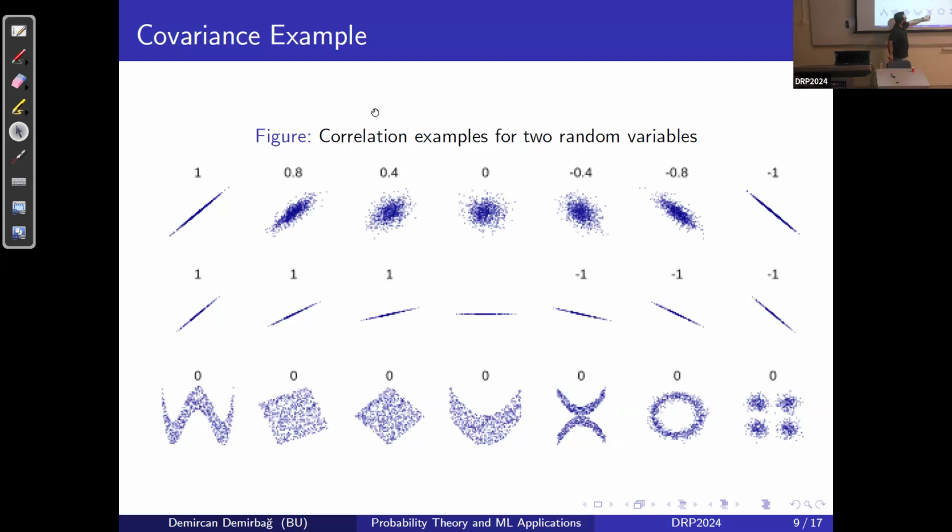For example, when you look at this example, you see that as x increases, y both increases and decreases. You have some kind of relationship between them, but this definition doesn't catch it because as much as it increases, it decreases too. So at the end of the day, you get 0.